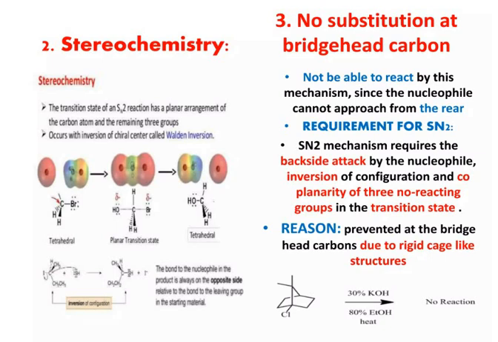It cannot react by this mechanism since the nucleophile cannot approach from the rear. The SN2 mechanism requires backside attack by the nucleophile, inversion of configuration, and coplanarity of the three non-reacting groups in the transition state. The reason: it is prevented at the bridgehead carbon due to its rigid cage-like structure, so no reaction.